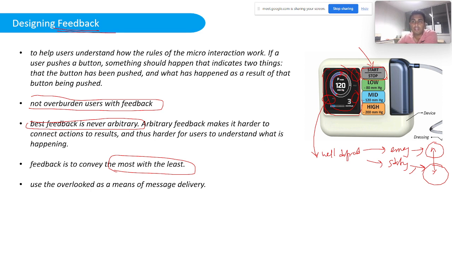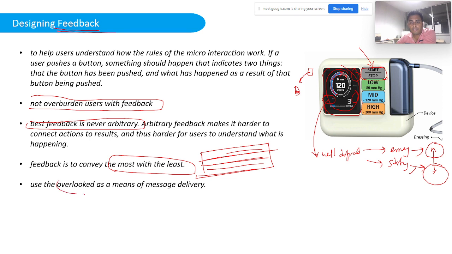Similarly, if the battery is low, only changing the color, so that the battery is now red, will give you the information. So you need to provide the minimum visual information so that it is easy to recognize. You do not have to give text messages that your battery is low, please recharge. So it's not like that. You need to provide minimum information and achieve the most out of feedback.